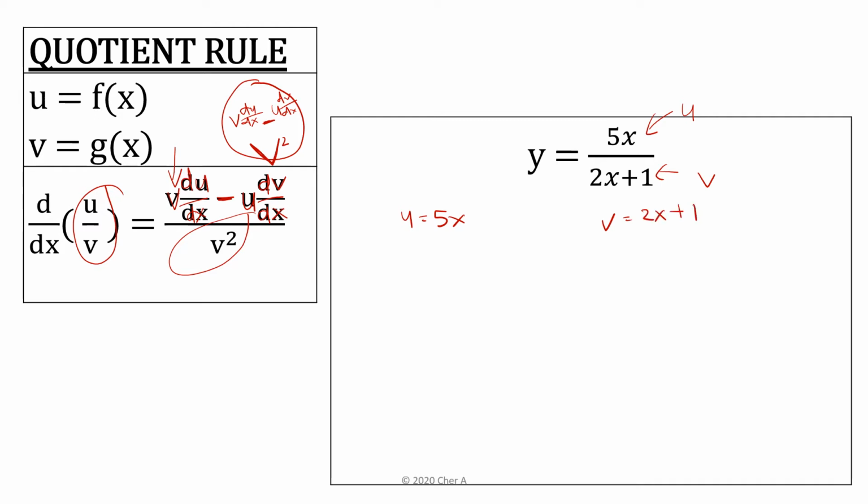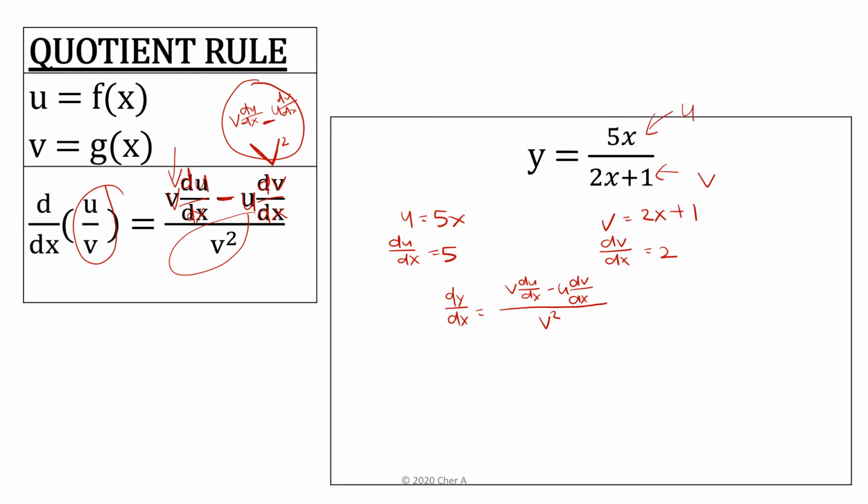Okay, I'm going to differentiate my u. We're left with 5. Differentiating my v, I'll be left with 2. Okay, so bring in the quotient rule: dy over dx is equal to v du over dx minus u dv over dx, over v squared.